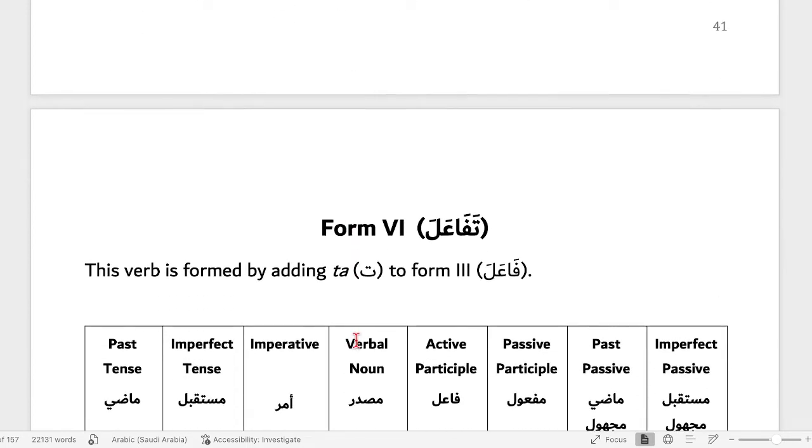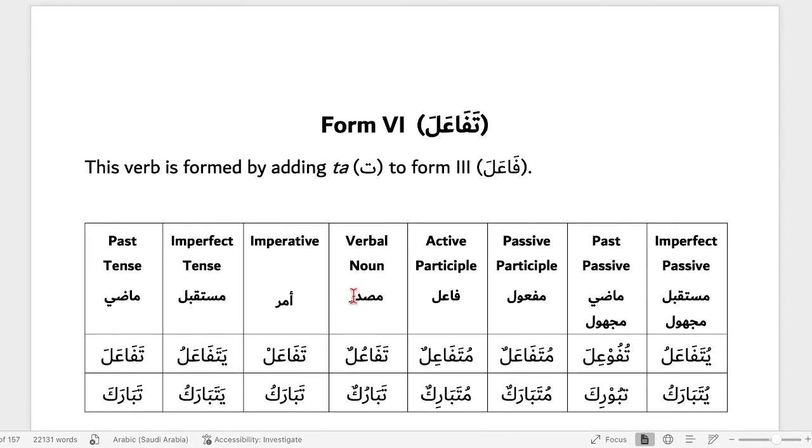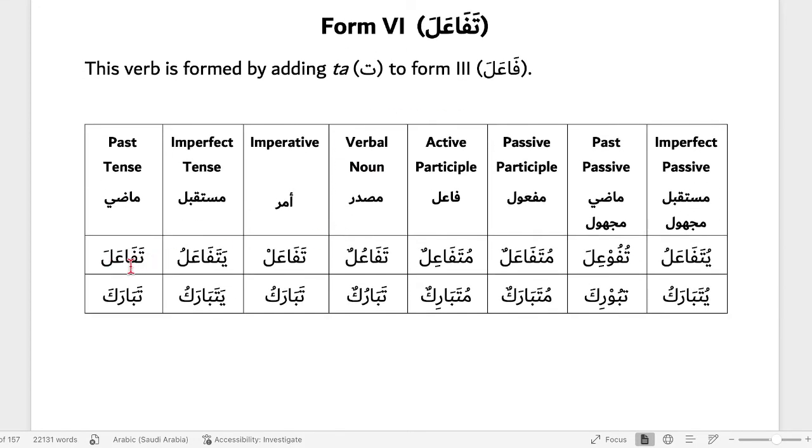Form 6, again form 3, you add ta to it and it becomes form 6. Fa'ala to tafa'ala. Tafa'ala, yatafa'alu, tafa'al, tafa'ulun, mutafa'ilun, mutafa'alun, tufu'ila, yutafa'alu.